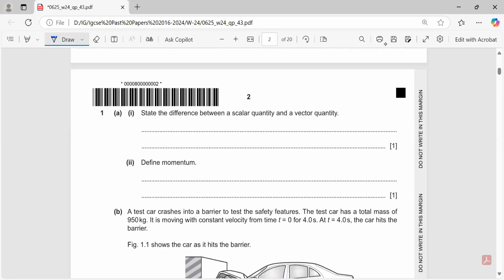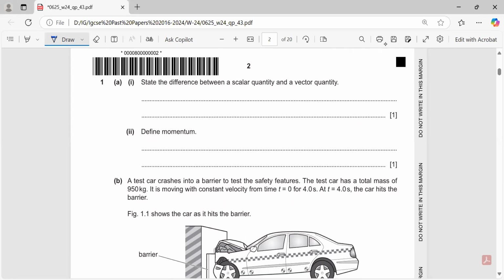Let's start from question 1, which says state the difference between a scalar quantity and a vector quantity. It's not that big a deal, a very simple answer. Scalar has only magnitude, vector has both magnitude as well as direction.